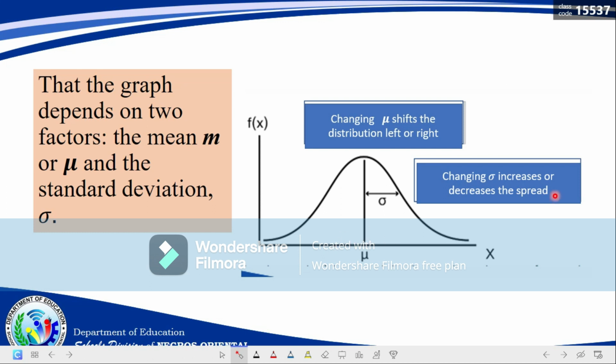It depends. Then changing the standard deviation increases or decreases the spread. This one could be steep or flat, depending on the value of our standard deviation.